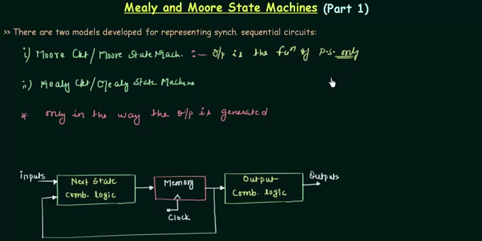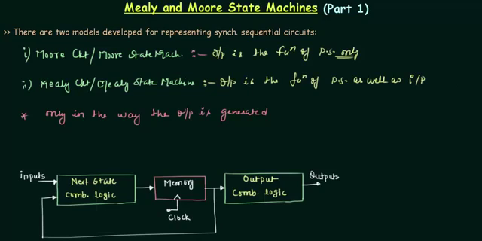Here, only is there, so it only depends upon the present state, whereas in case of Mealy state machines, the output is the function of present state as well as the input. So this is the main difference between the Mealy and the Moore state machines, and in this presentation we will talk about the Moore state machine, and in the next presentation we will see what the Mealy machine is.